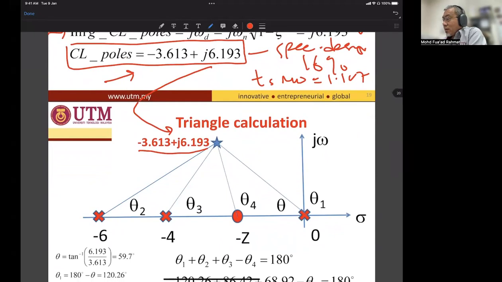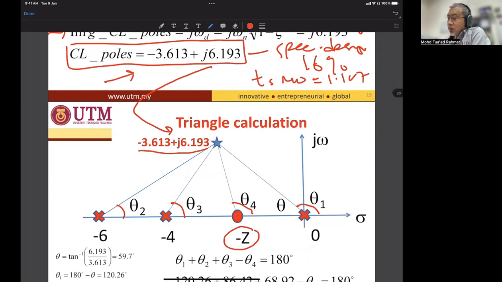Then we have to calculate the value of the angle. Let's say this one: minus theta 2, minus theta 3, minus theta 4 for the zero, and then theta 1. So we just put the new zero over here.